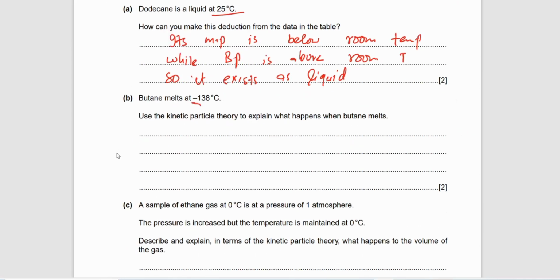Butane melts at minus 138. Use kinetic particle theory to explain what happens when the butane melts. Heat is absorbed. This is very simple. Heat is absorbed.